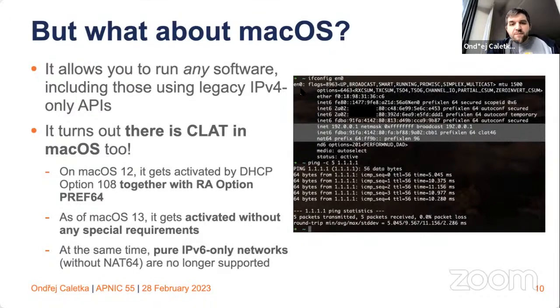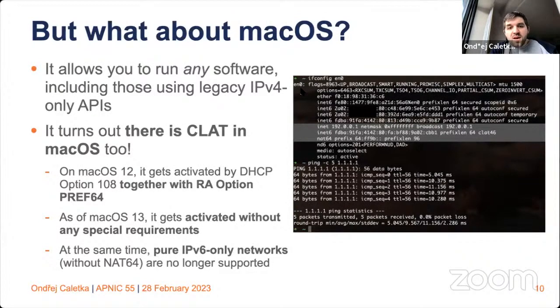So if you connect to an IPv6-only network with macOS, there is a CLAT engine inside that will get activated. It used to be activated only when option 108 was present and also when there was a PREF64 prefix option, but this is not the case anymore.